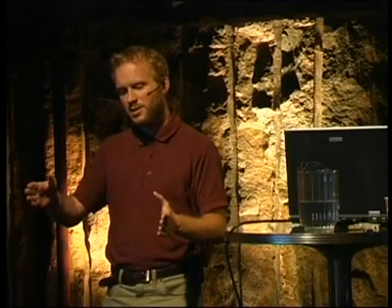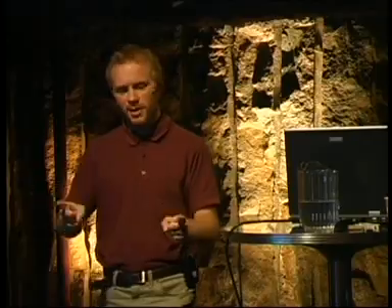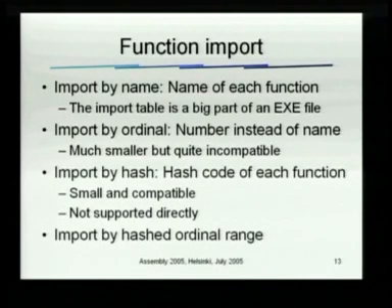Then we also invented a slight twist to this, which is something we call import by hashed ordinal range. Because in some DLLs, the ordinals of the functions are not quite fixed, but the only way they can change is that there can be added some other functions in the end or in the beginning. So the ordinals can change, but the relative ordinals between the functions will always be the same. That's the case, for instance, for the OpenGL DLL.